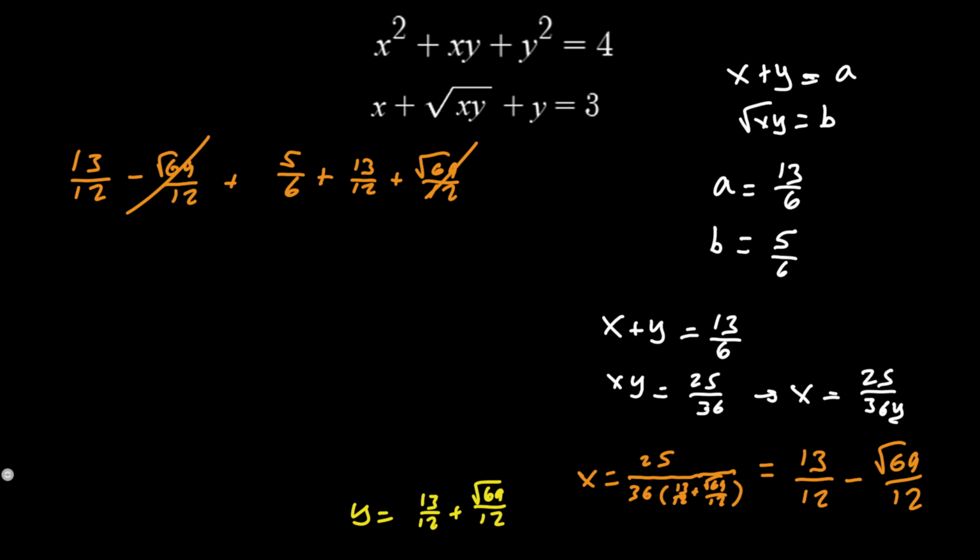And then here we have 13 plus 13, which is 26, and then plus 10 over 12. Actually, 36 over 12 is equal to 3.